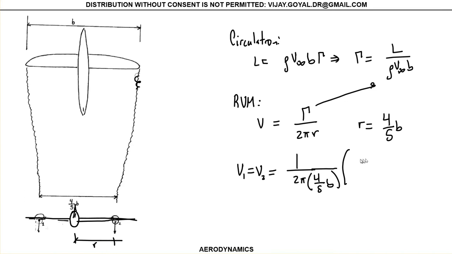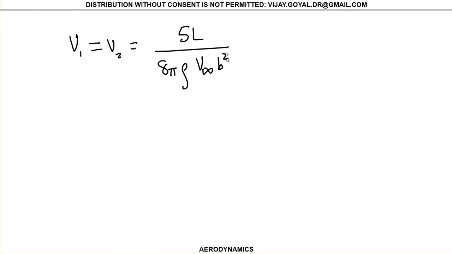and gamma is L over rho v b. With a little bit of math, you can show that v1 is equal to v2, which equals 5 times L over 8 pi rho v infinity b squared.